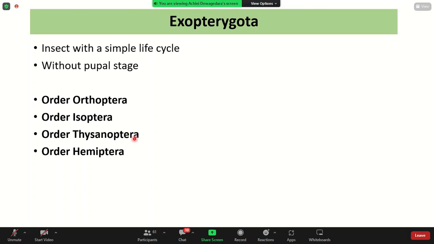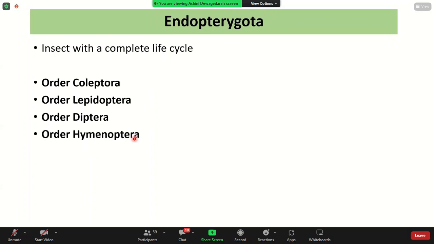When we are discussing about these 4 orders, we will be discussing about some examples that are very common, right? And under Entoterygota, that means the insects with complete life cycle with the life stages with eggs, larva, pupa, and adult, we will be discussing 4 orders under this as well: order Coleoptera, order Lepidoptera, order Diptera, and order Hymenoptera.